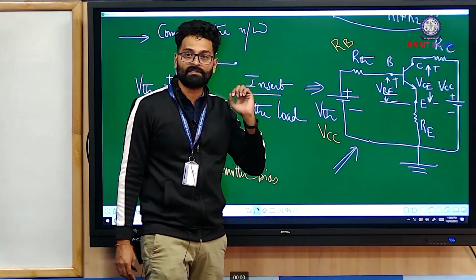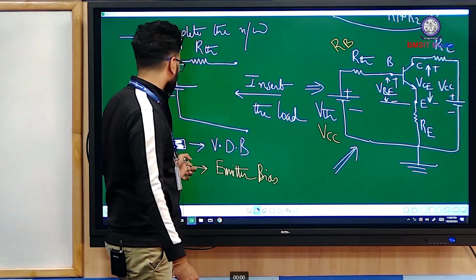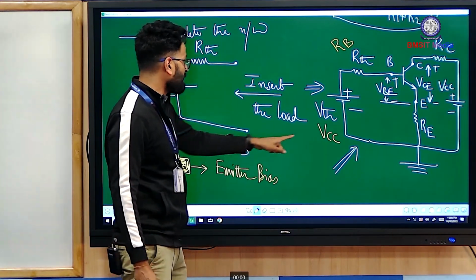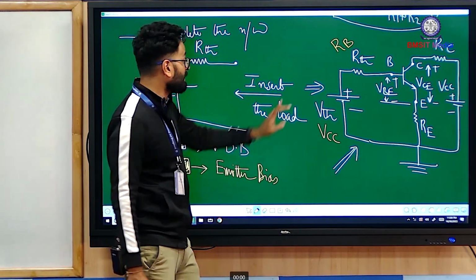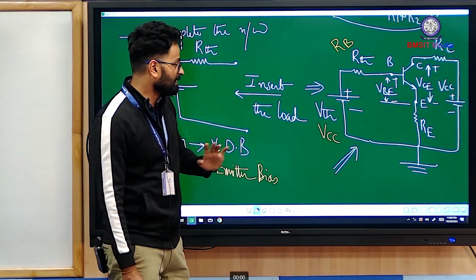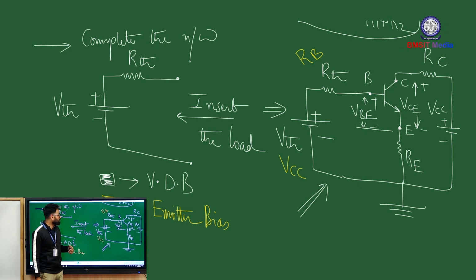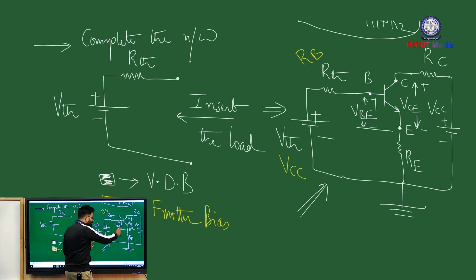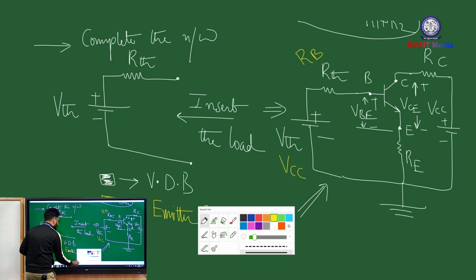So the only difference is that in case of voltage divider bias, in place of VCC you have VTH, and in place of RB you have RTH. So that is the difference. Rest all remains the same. So you can now easily apply KVL on the input side to find IB. Similarly, you can apply KVL on the output side to find IC. Okay, so let us quickly apply the KVL and let us see what relation we are going to get.